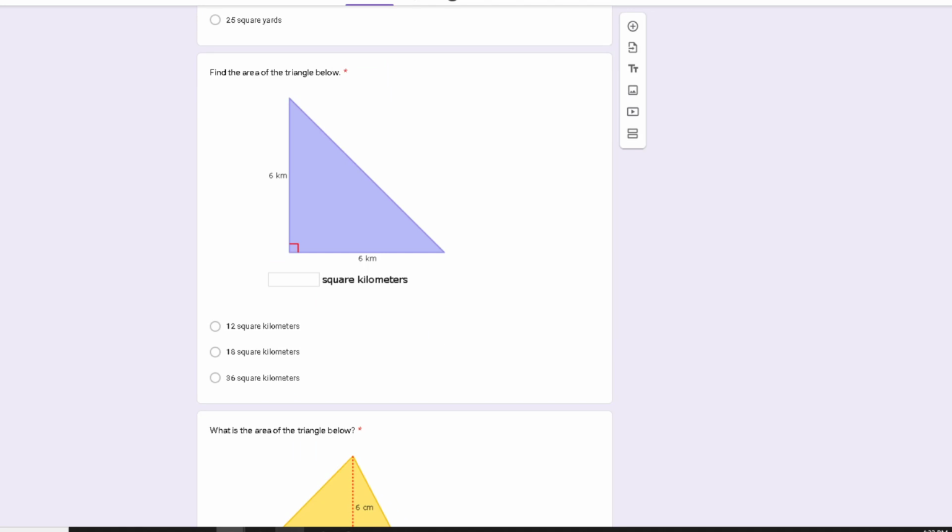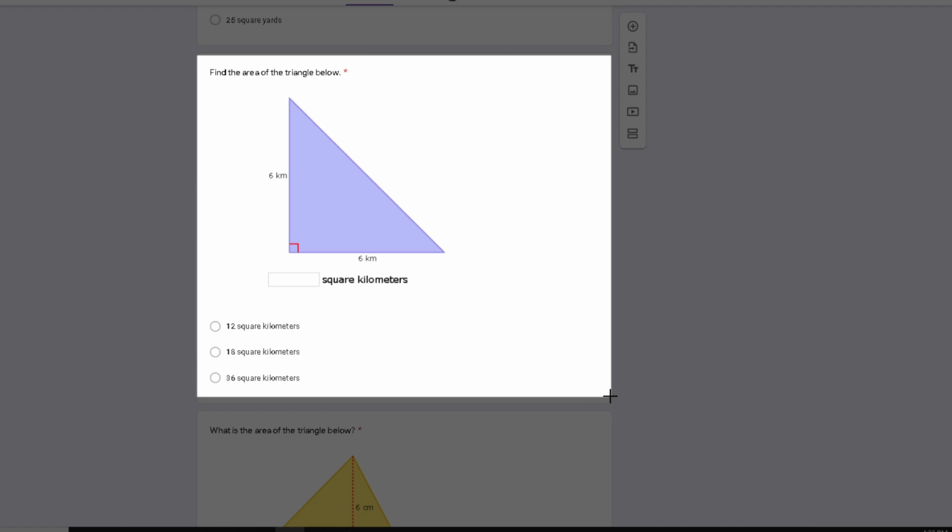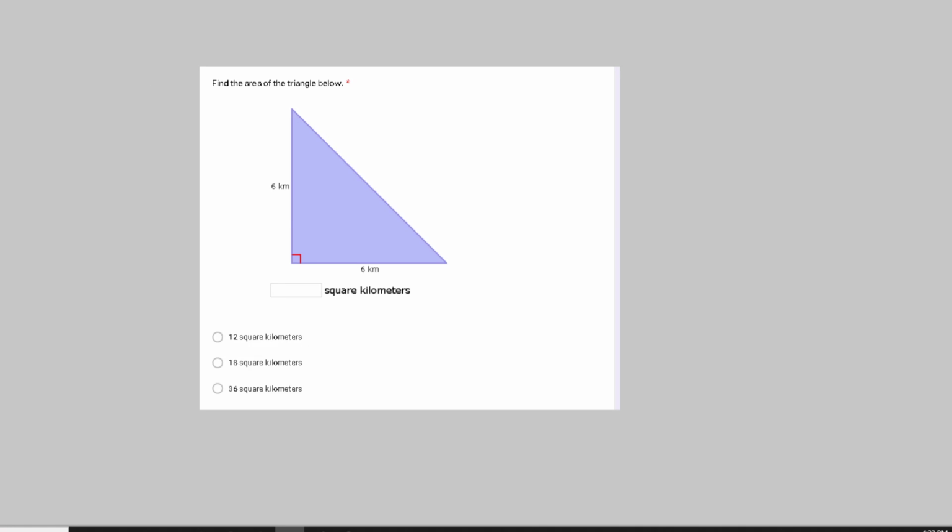Find the area of the triangle below. Again, a lot of people did struggle with this one too. I think just going too quickly. I saw most people that got this wrong put 36, but that's not the right answer because we know 6 times 6 is 36. 6 times 6 would give you the area of this square, right, with a width of 6.